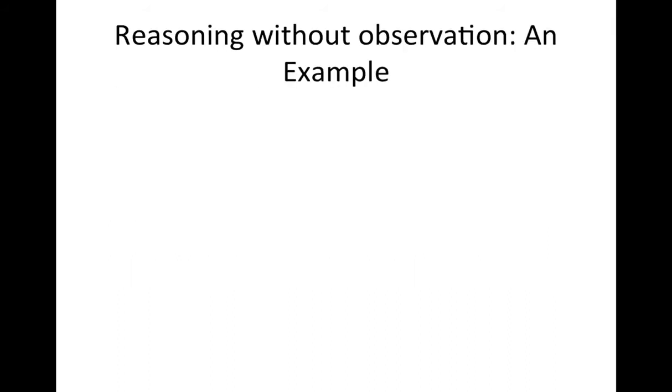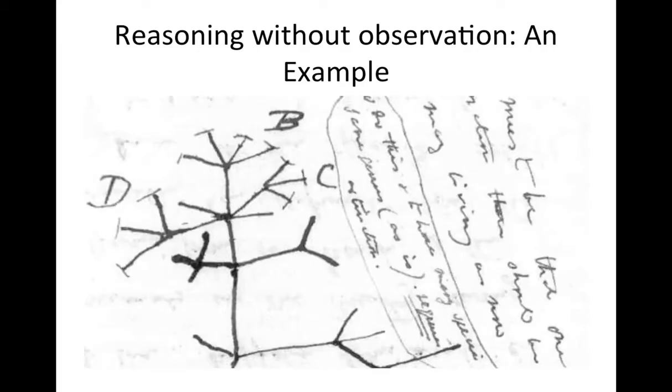So here's a great example of when we reason without direct observation. Darwin reasoned about the tree of life, and in fact this is a sketch of the tree of life from 1837. This is Darwin's first sketch of the tree of life. And it's important to notice that as brilliant as Darwin was and as amazing as his hundreds of pages of writing and observation about nature were, he had a lot of things that were wrong within those observations.